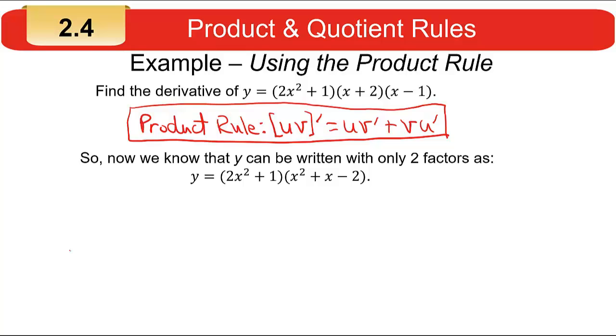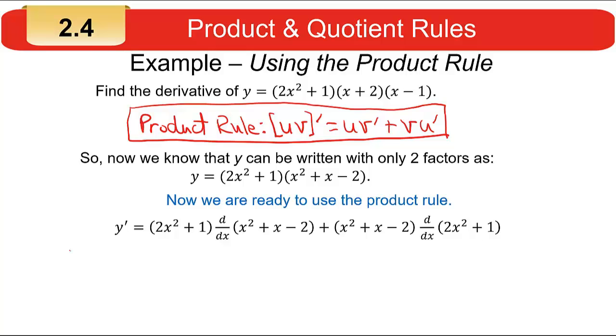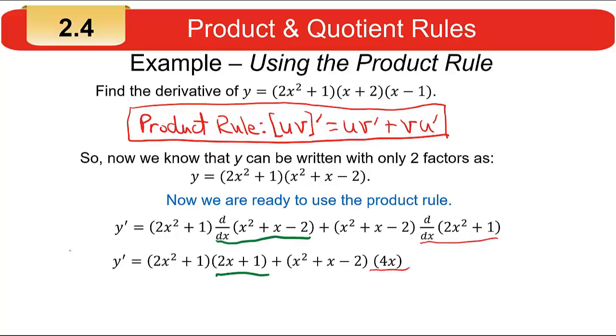The 2x squared plus 1 is like the u, and the x squared plus x minus 2 is like the v, and you can use the product rule. The product rule says the first one times the derivative of the second one plus the second times the derivative of the first. Those are both very easy derivatives to take, so I'm not going to emphasize that too much here. That's something you need to do when you're alone working through these problems yourself.